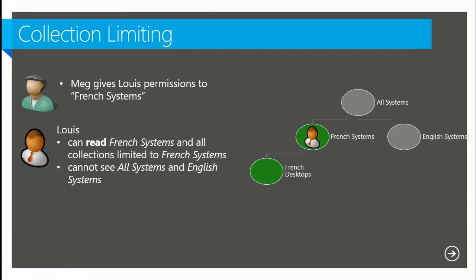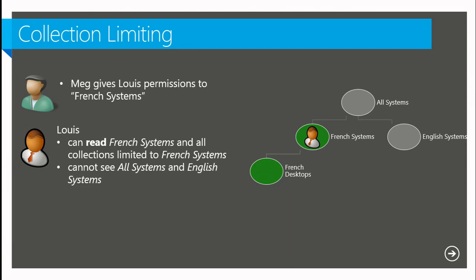So once Meg gives permission, Louis has access to read any of the devices and look at any of the devices deployed to, if he's got deployment rights, any of the devices in that collection. However, he is not enabled to change that collection. Now, what does that mean to you from making your footprint smaller? Again, it doesn't matter what primary site is out there.